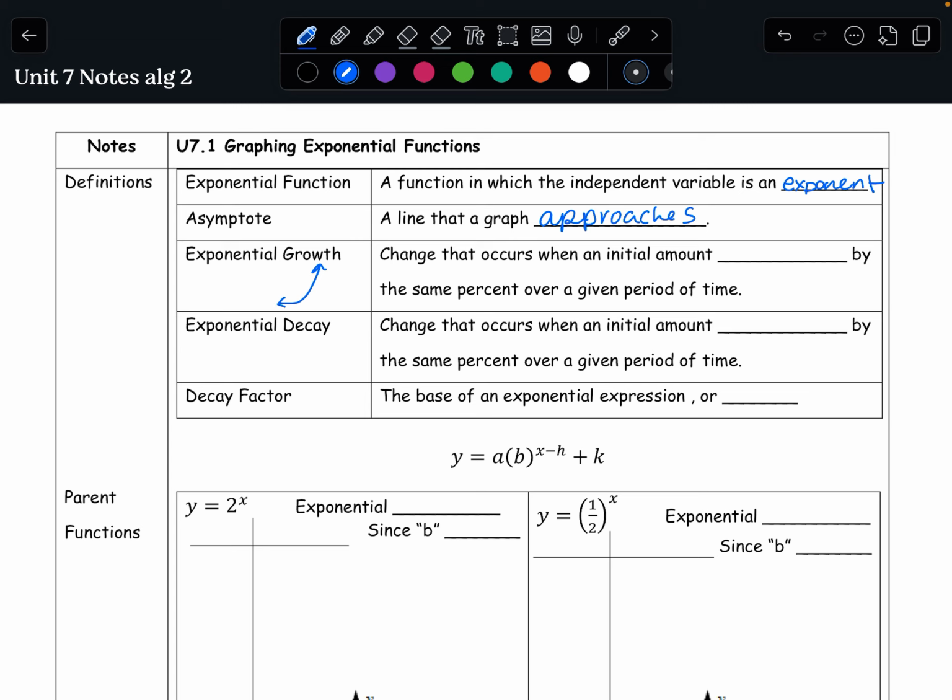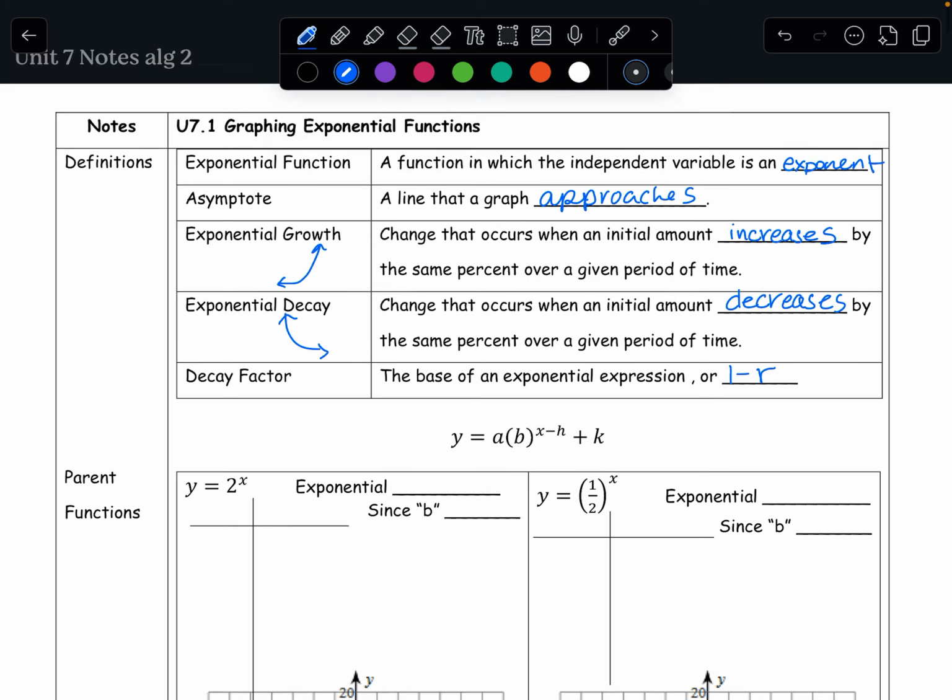It's change that occurs when an initial amount increases by the same percent over a given period of time. Exponential decay means it's going down. So it's when the initial amount decreases by the same percent over a given period. And a decay factor is when we have 1 minus r.